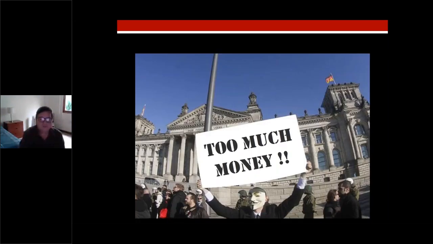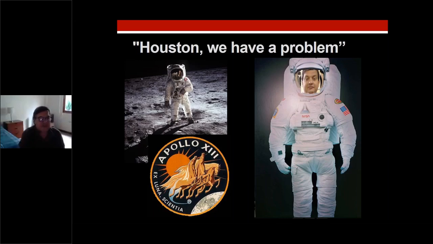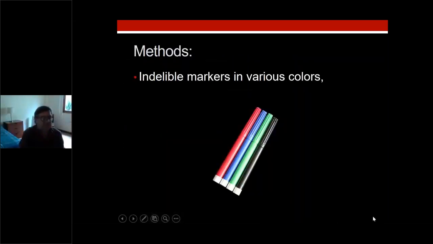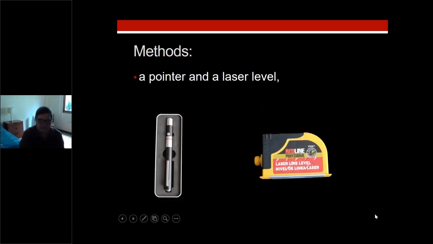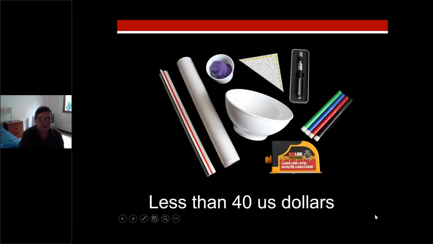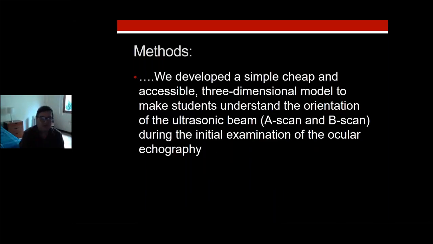We tried to look for another solution, and we solved the problem by making a Chinese food model and using indelible markers in various colors, a pointer and a laser, labels, dots and sheets of plastic film, an eraser or whatever, and then we developed a simple, cheap and actual three-dimensional model to make sense of the radiation of the ultrasound beam.